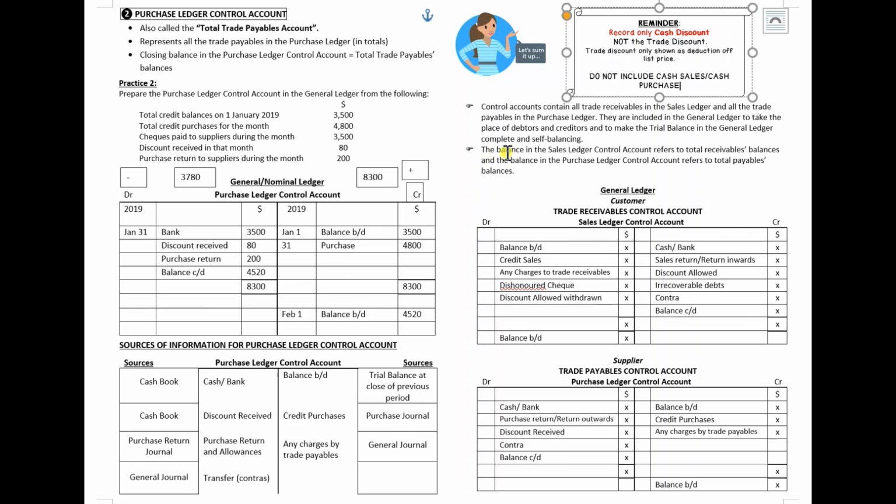Okay, the sales ledger control account is the total trade receivables, and the purchase ledger control account is the total trade payables, okay, total trade payables. So these I will not go through again. You can read by yourself.